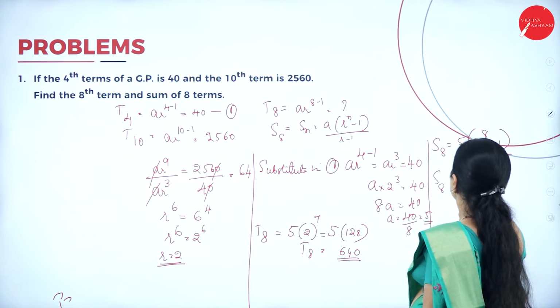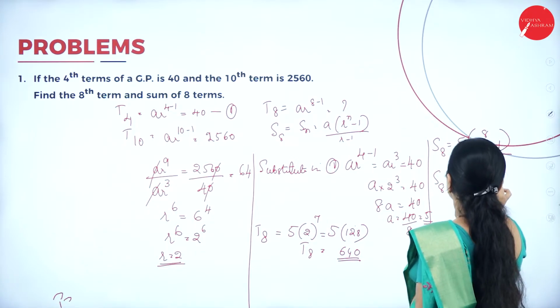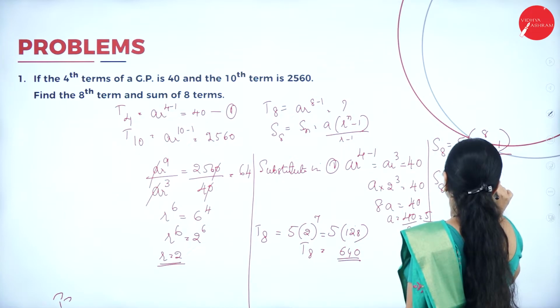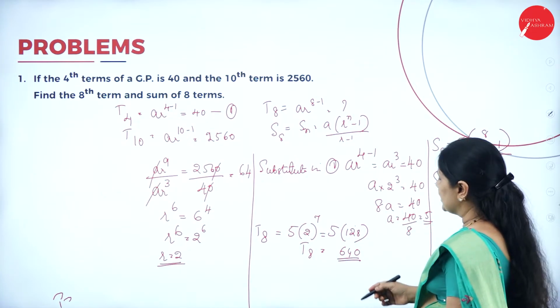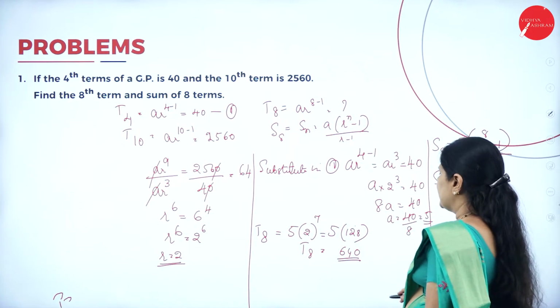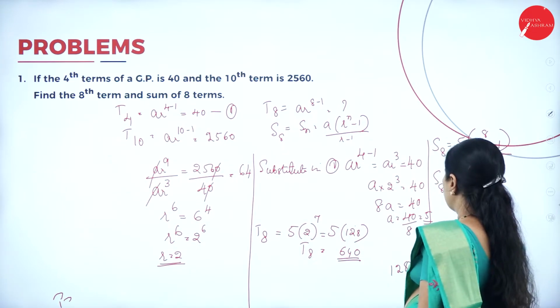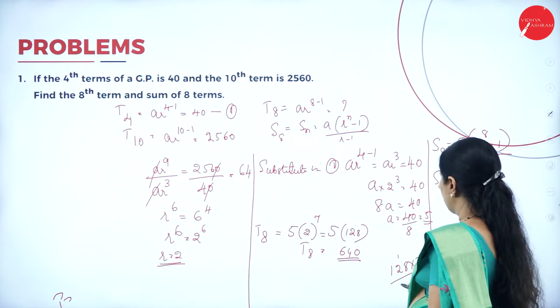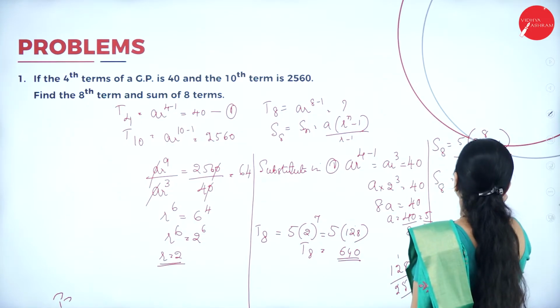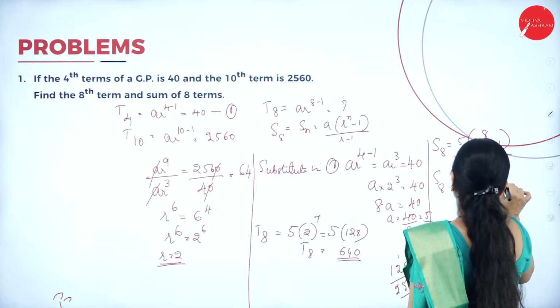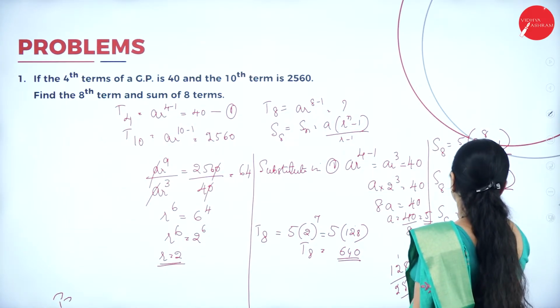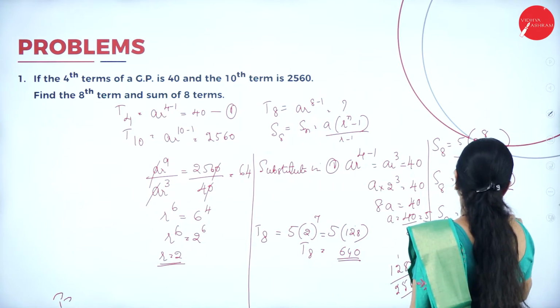So S8 will be 5 into 2 to the power of 8 minus 1. 2 to the power of 8 will be equal to 128 into 2. 128 into 2 will be 2 8s are 16, 1, 2 2s are 4, 5, 2 1s are 2. So 256 minus 1, whole over 1. So S8 will be equal to 5 into 255 divided by 1.